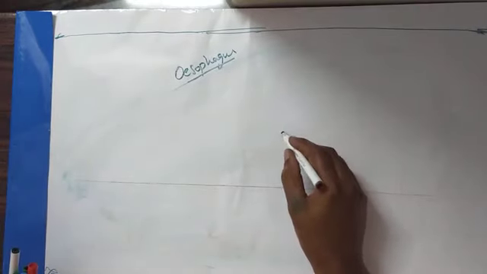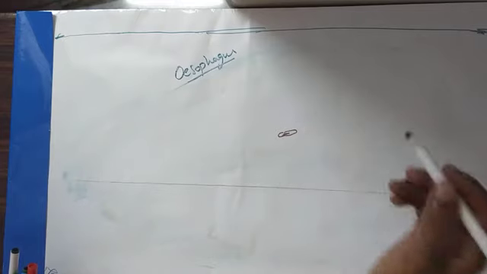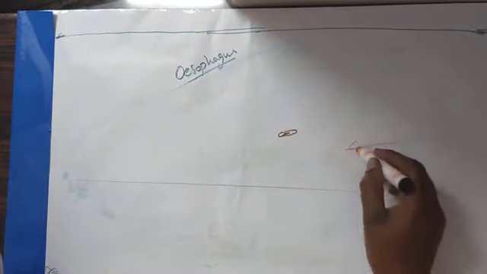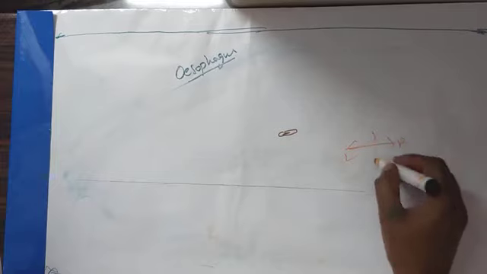Now the relations in the abdominal region. Suppose this is your esophagus, so what happens to the right vagus and the left vagus? Suppose this is your left and right, anterior and posterior part.